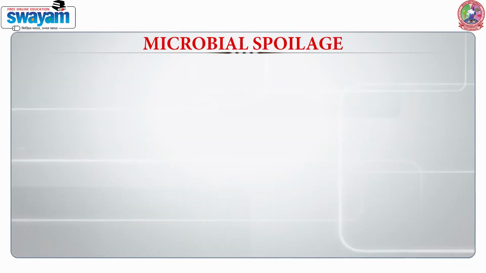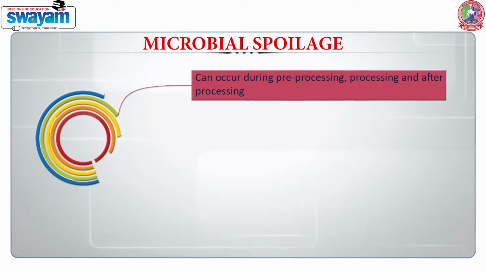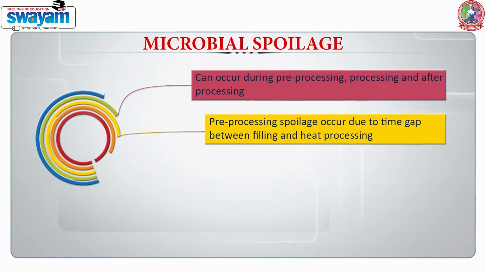There are certain spoilages which can be accounted to the activities of microorganisms, and these are collectively known as microbial spoilage. This type of spoilage can occur during different stages such as pre-processing, processing and after processing. First, let us know what pre-processing spoilage is.